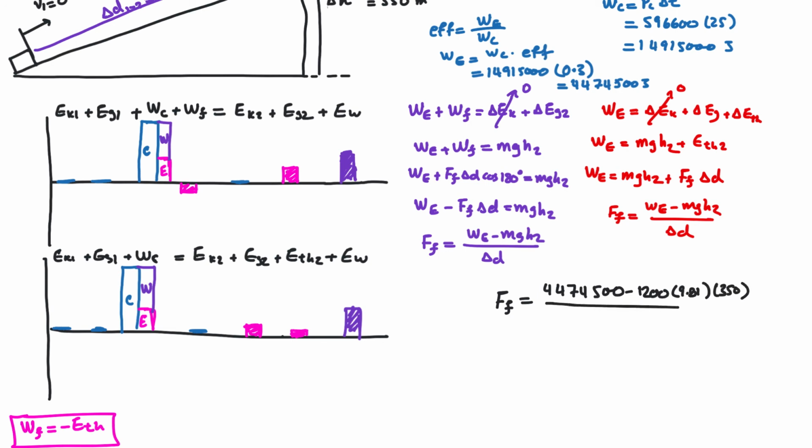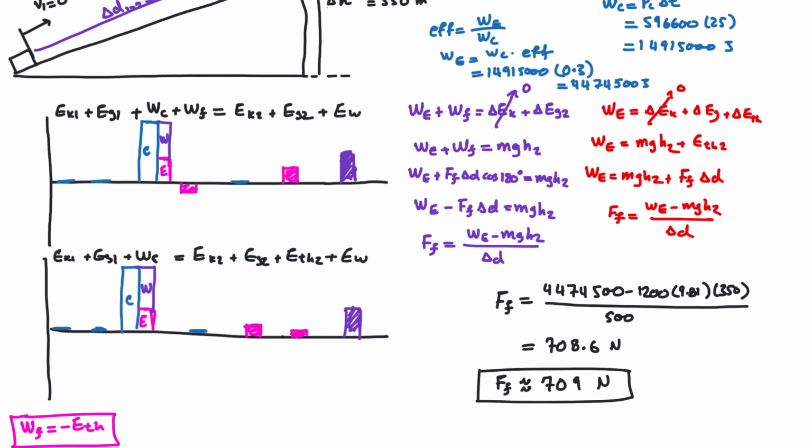And I'm going to divide all of this by the distance traveled, which is 500. When I put all of that in my calculator, I get 708.6 newtons, and I can change that to 3 significant figures, and that's going to be 709 newtons, the average frictional force acting between the tires and the car.